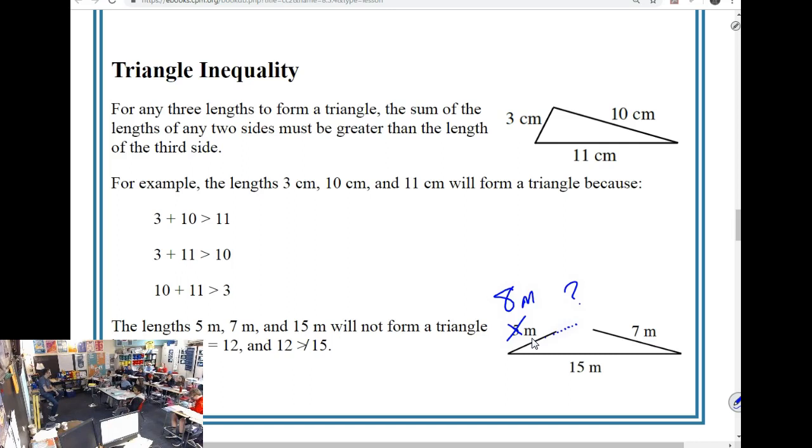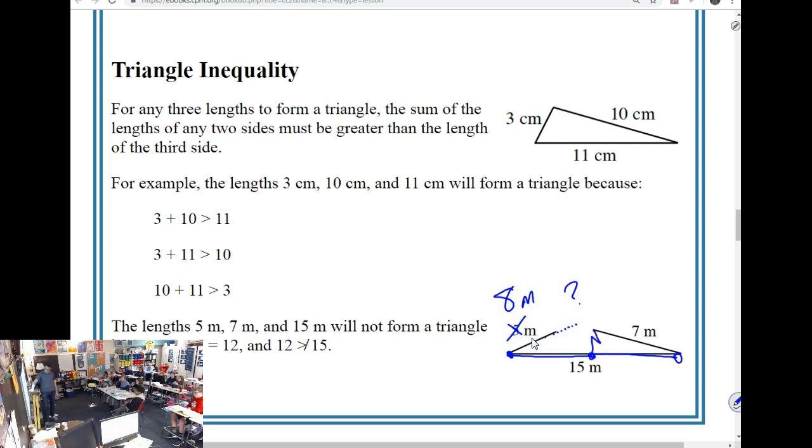If you, on your paper, draw a 15 centimeter side, or whatever units you want to use, and then you come from one side with 7 and the other side with 8, the only way to get them to connect is to be a straight line, not a triangle. If your legs are equal to the other one, it makes a straight line. So our 8 and our 7 would lay down flat.